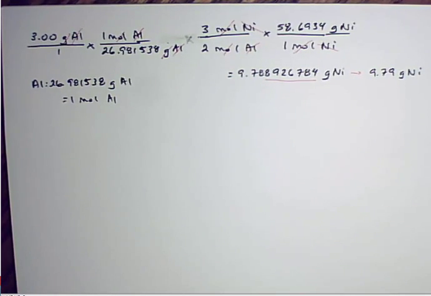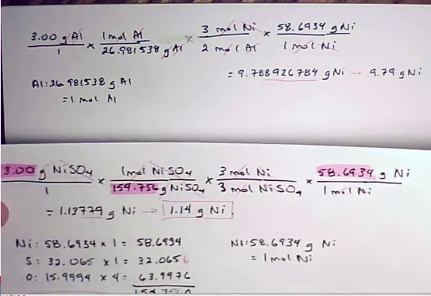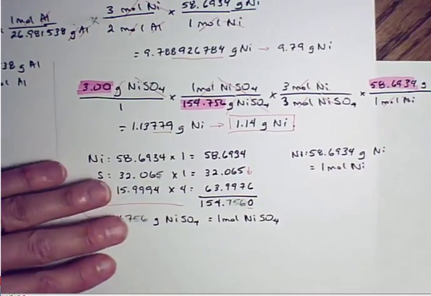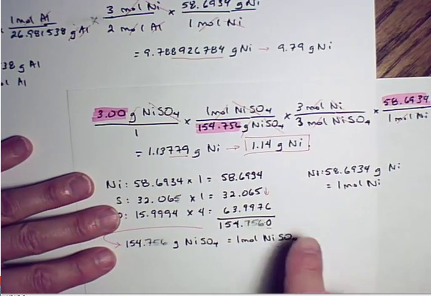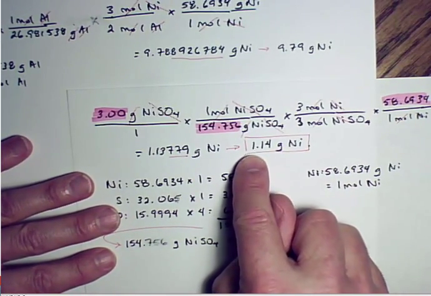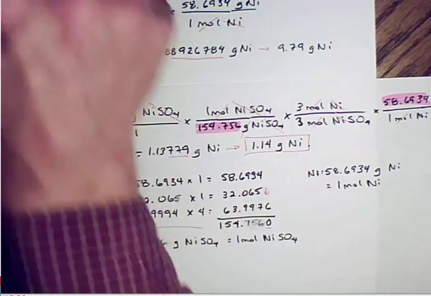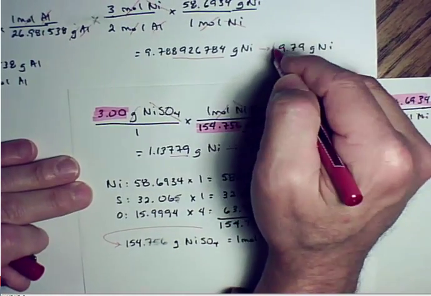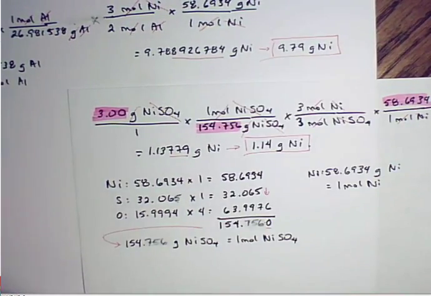All right. And what we need to do is compare this amount of nickel that we calculated here to the amount of nickel we had before. In the previous problem, we found there was 1.14 grams of nickel. But in this problem, we found there's 9.79 grams of nickel.